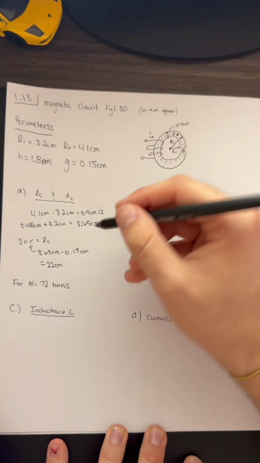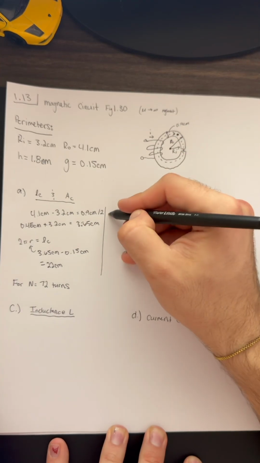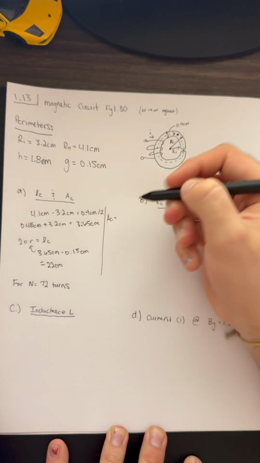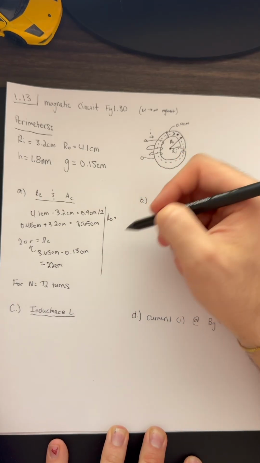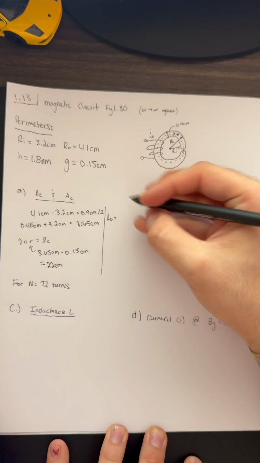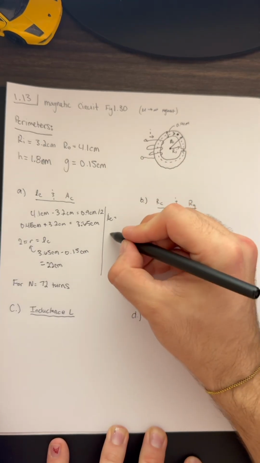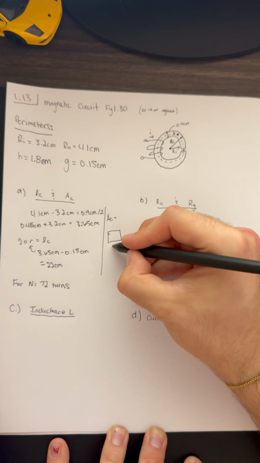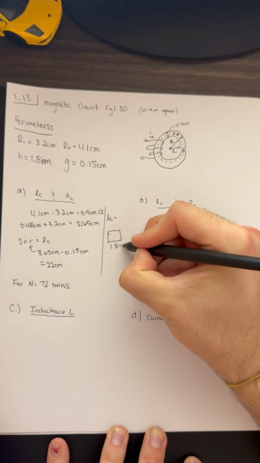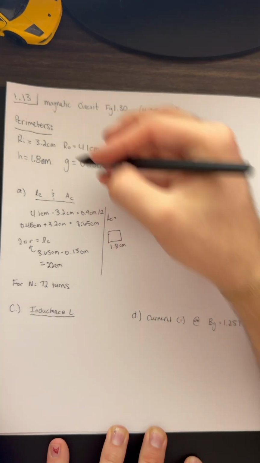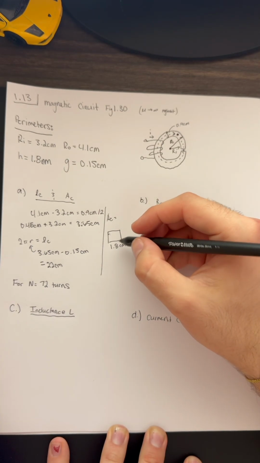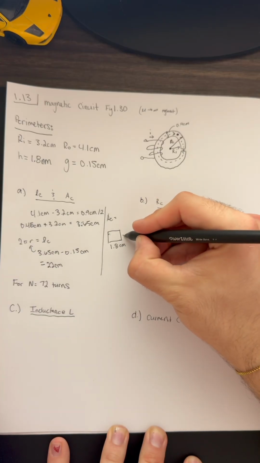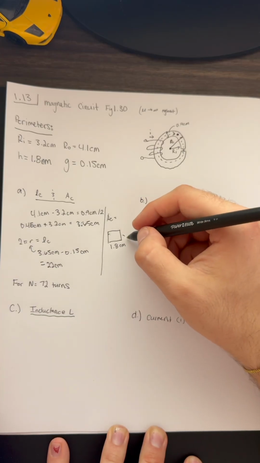So now we're asked to calculate AC. Perfect. AC is the area of the core. And so if we draw this out, we have basically like a box, and we know this is 1.8 centimeters as the height because it's given here of this stack. I mean, you can write it here or here, but an area is just length times height.